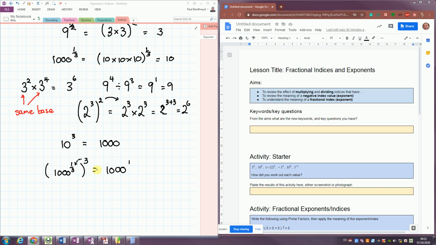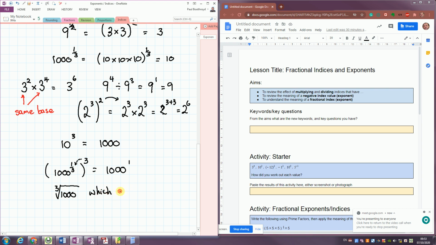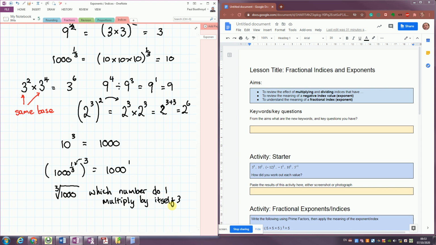And it also therefore means this symbol, the 3rd root of 1000, actually says which number do I multiply by itself three times. And if you reverse the question, that says which calculation do I need to do a 1/3 of to give me 1000. Is 1/3 of this multiplication sum. So that's why that one works.